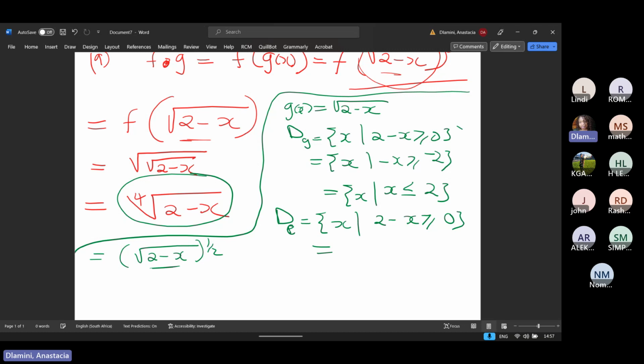So basically it's what we did from here. It's the same. The other square root does not affect the inner square root. You can put it outside like this. In terms of the negative sign, it does not affect it. It's the same as, give me the domain of y equals square root of x.